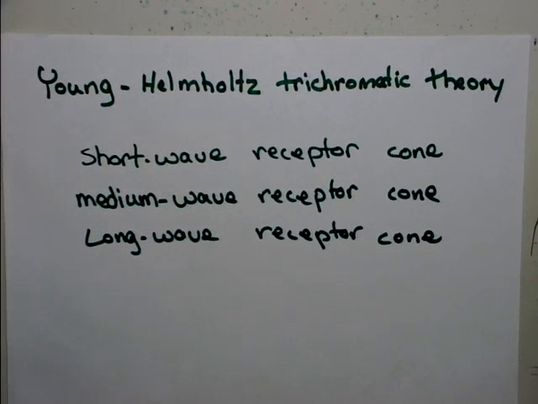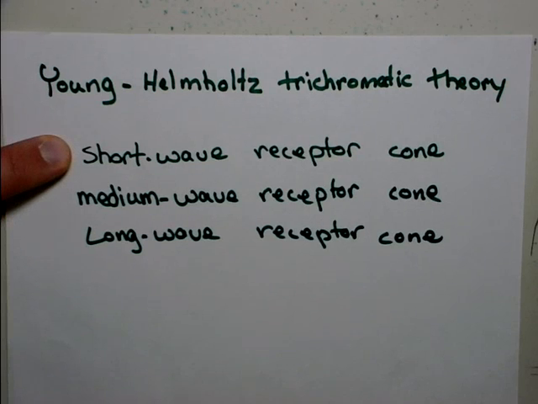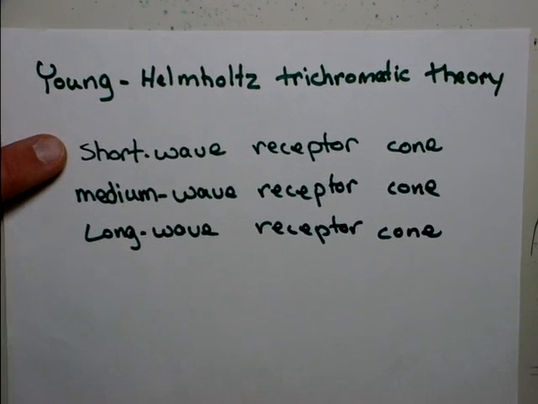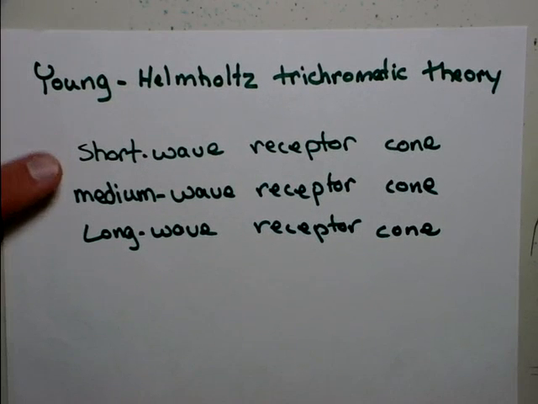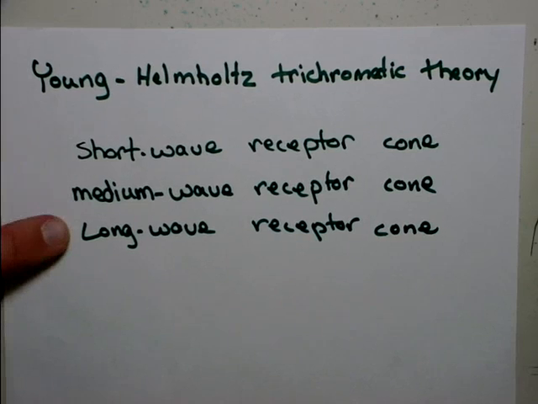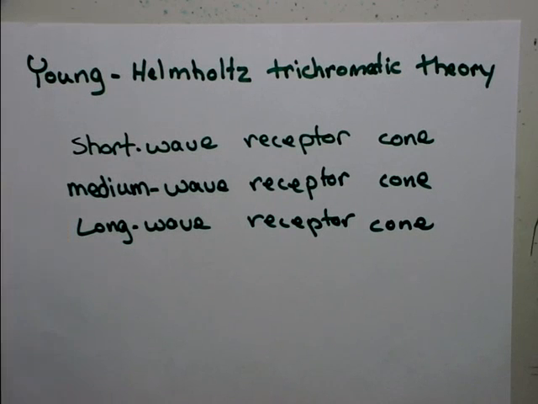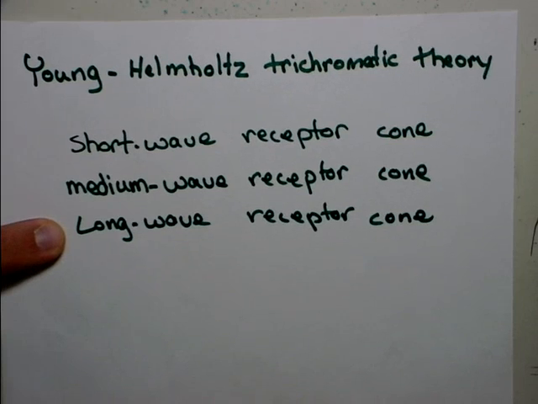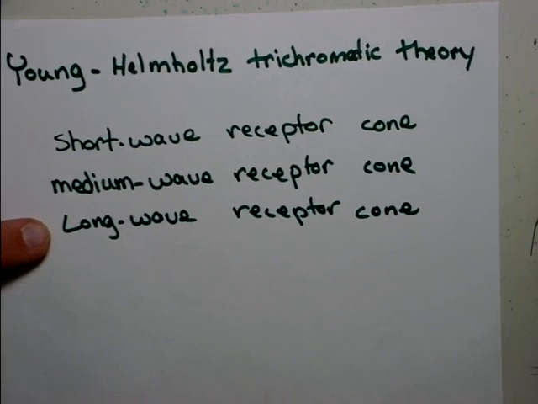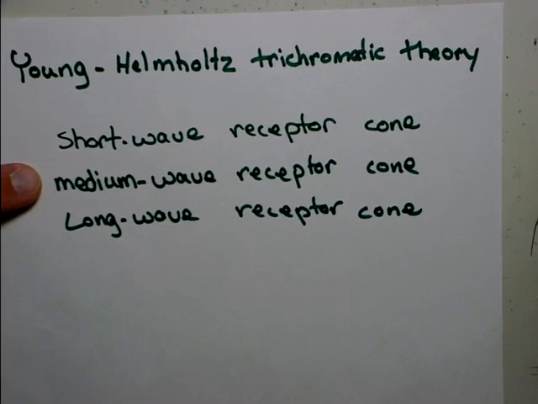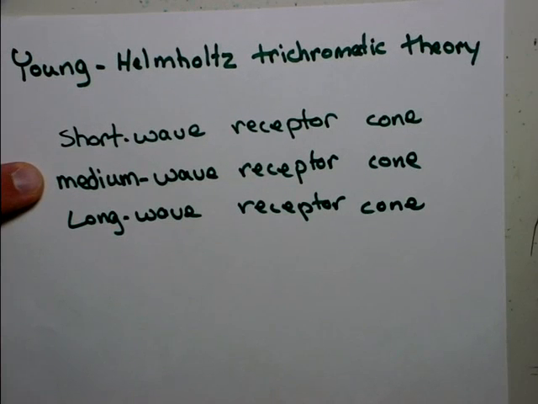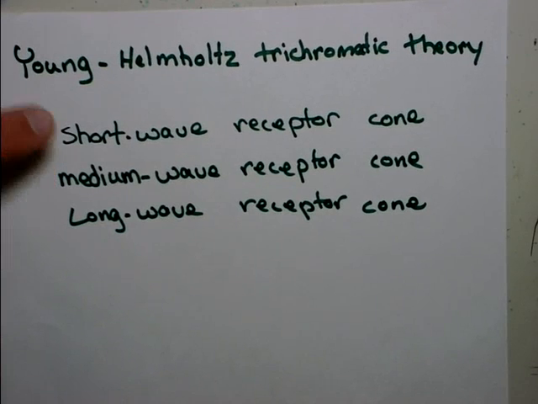So, in order to see blue, you have to have a lot of activity or a large response in the short wave, but a small to no response in these two. Does that make sense? To see red, you have to have a large response in the long wave, a medium to small response in the medium, and no response in the short.